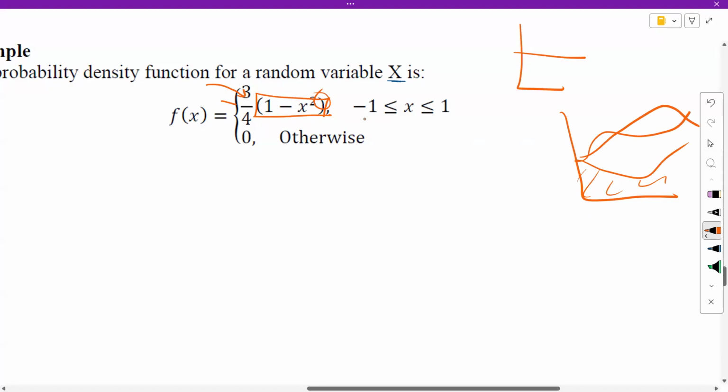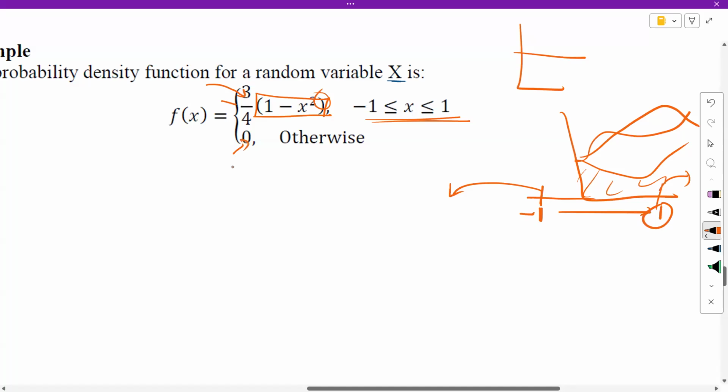But here the range is given. What's the range? It goes from -1 to +1. If x takes any value beyond -1 or above 1, it becomes 0. The area becomes 0.